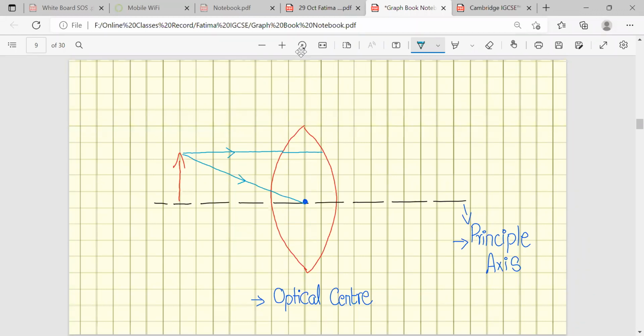The first one is number one, parallel to the principal axis, and the second one is a light ray passing through the optical center or through the center of the lens.